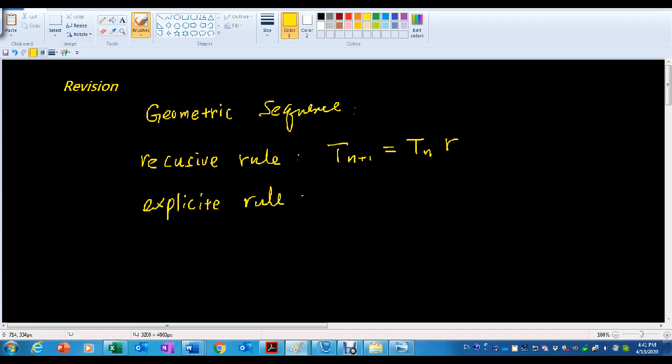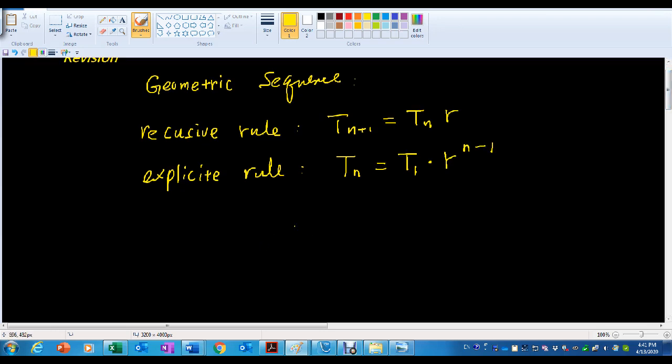In the textbook or in your formula sheet in the examination, they use this rule: the nth term equals the first term times r to the power n minus 1. But we also talk about a generalized rule, which is worth remembering because it's quite useful.